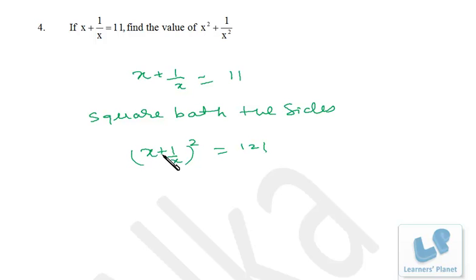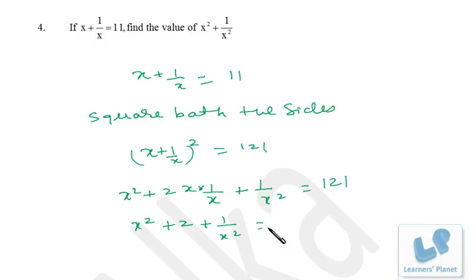Now this is what (a plus b) whole square. So how will that be opened? That's a square plus 2 into this into this. So x into 1 upon x plus b square, and that is equal to 121. Now this is x square plus 2, since x and x cancel, plus 1 upon x square, and that is 121, right?